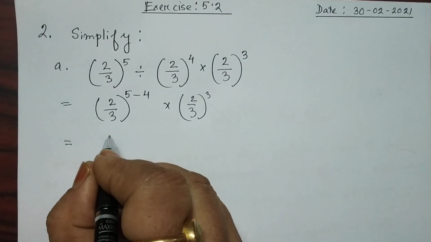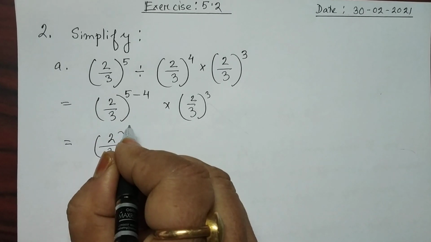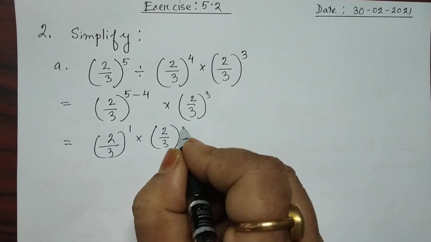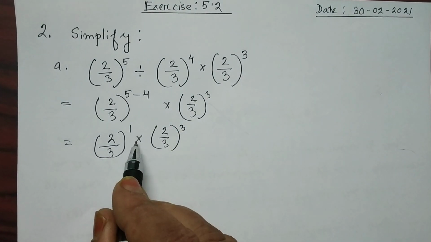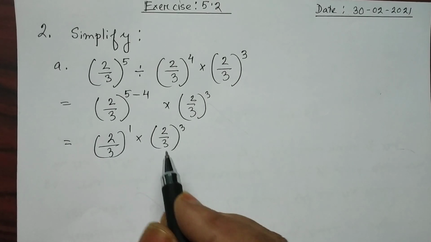This one is equal to (2/3)^(5-4), that is 1, into (2/3)^3. Now the bases are the same, and a multiplication sign is there. That's why the exponents will be what? Added.